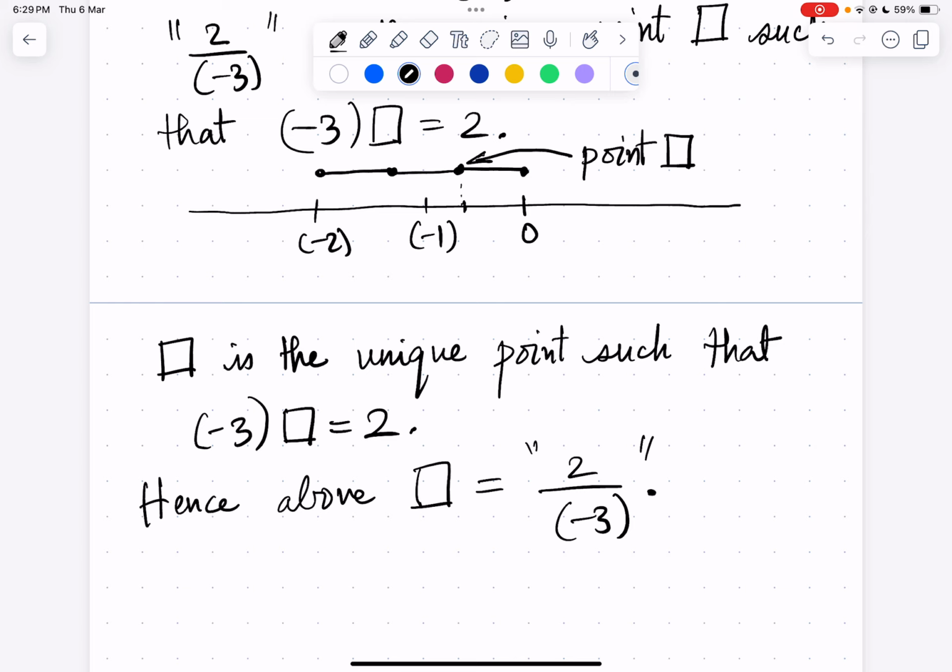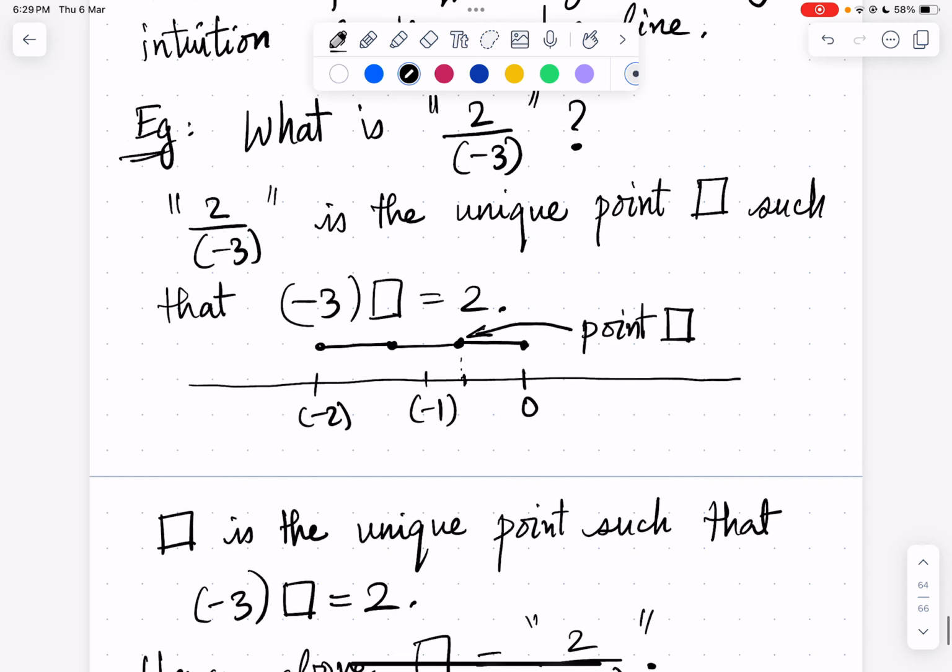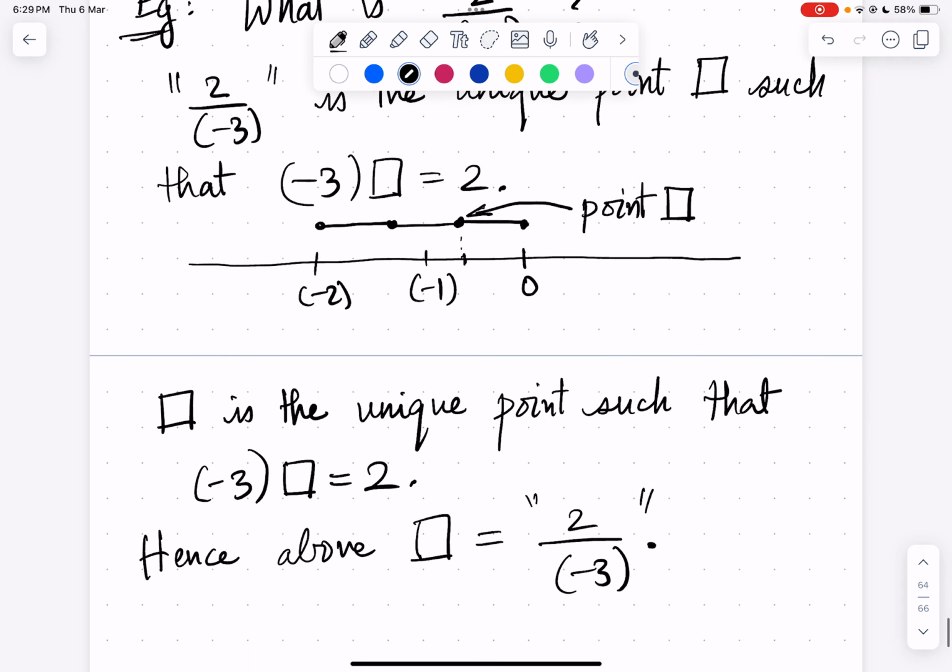This is what 2 by -3 means: the unique point which when multiplied by -3 gives 2. By construction we can see that this is the unique point such that when you multiply that by -3, meaning you flip the direction, so to speak, and take it 3 times, you should get 2. So this point is the unique point satisfying this condition. Hence above box is 2 by -3.